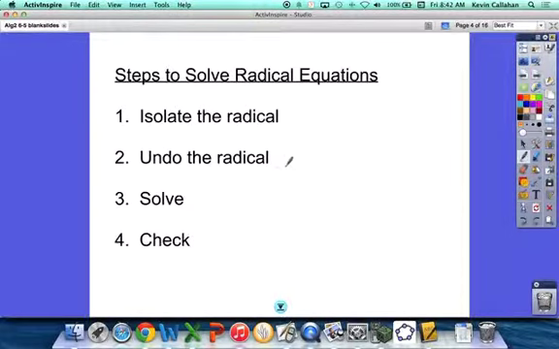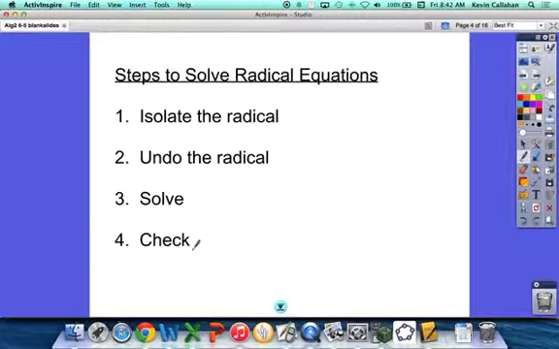Once we've undone the radical, we'll have an equation that we ought to be able to solve, an equation of a type that we've already solved up till now. And then there's always the possibility to check. But just like absolute value equations, the checking is a nice step. It's always good to check your answers.